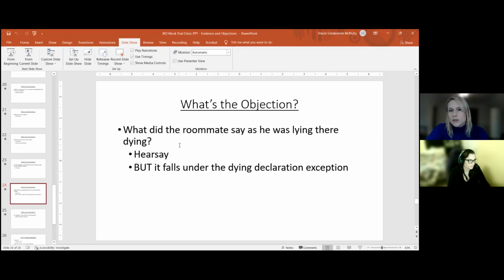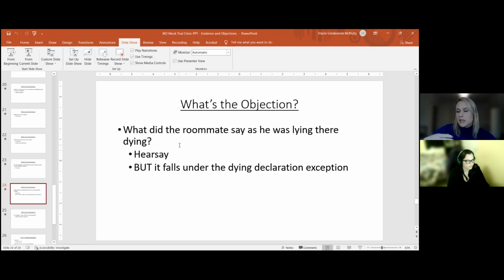What did you hear the roommate say right before he died? They'd say, objection, hearsay. The response would then be, this is an exception to hearsay. It's a dying declaration. So that's kind of how it goes. There's an objection, and typically the other side will need to respond to the objection.